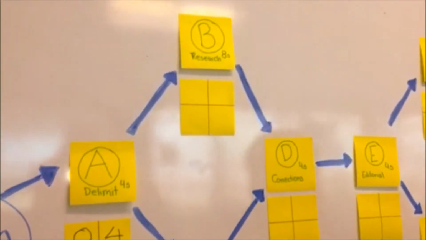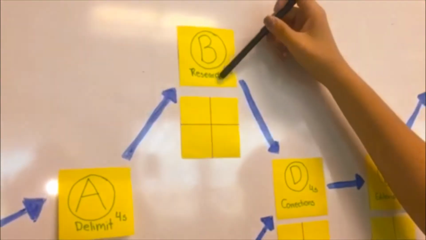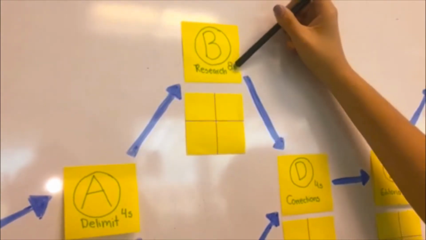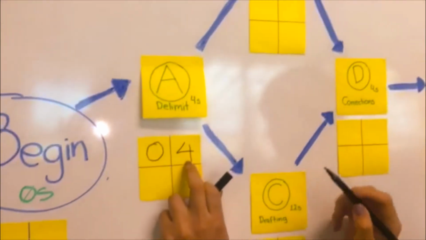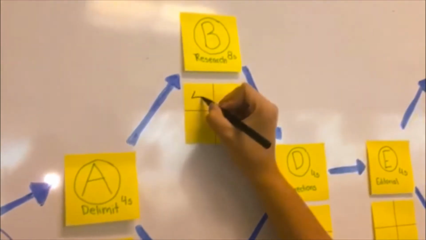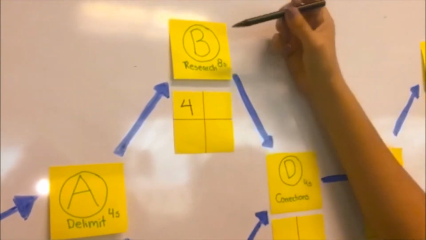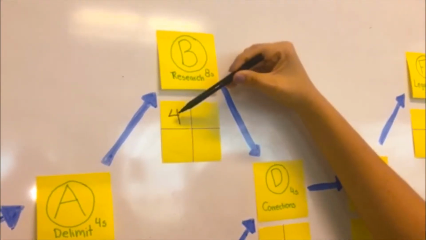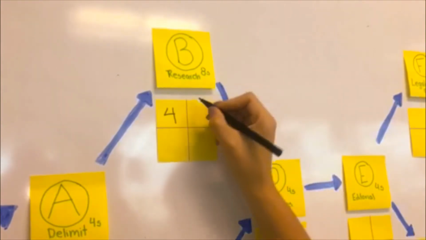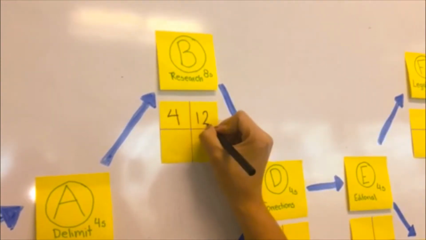Then for the following activity, we have the research, and here we have 8 weeks. So we're going to put our previous number, which was 4, in this corner, and we are going to add up the 8 weeks that the research lasts plus the previous 4 weeks. So it's gonna be 12.